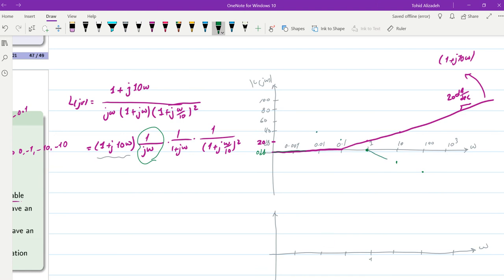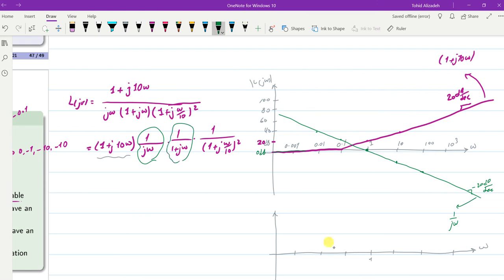So we will have basically a straight line. If I can draw it without using a ruler, it will be something like this. So this is with minus 20 dB per decade, and that's for our 1 over j omega.